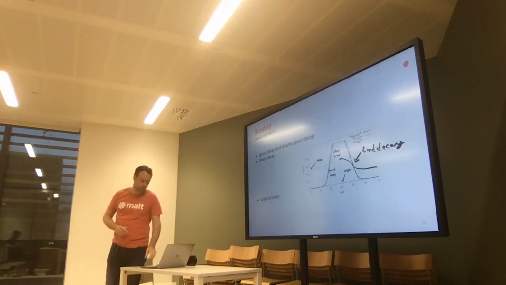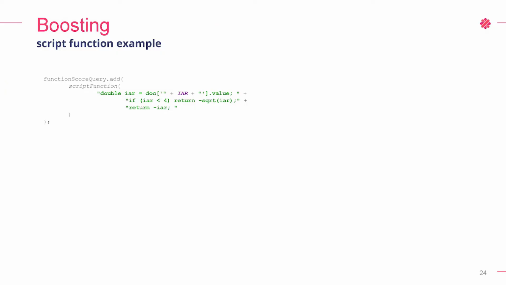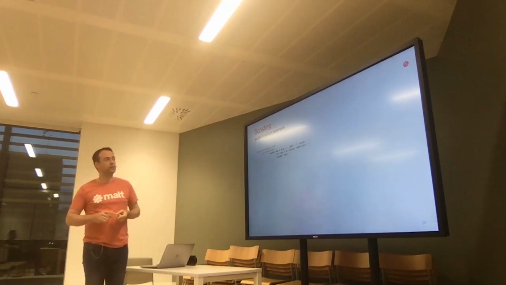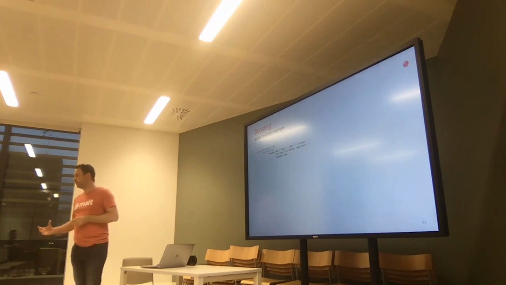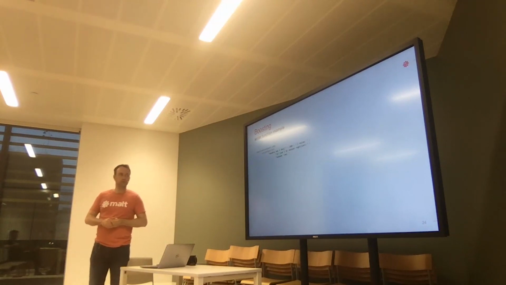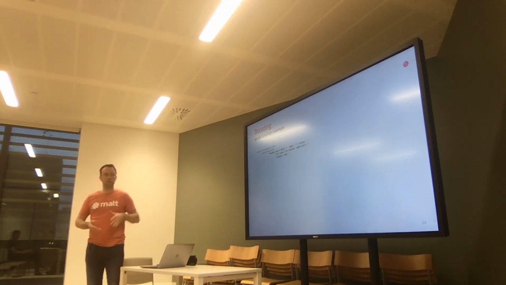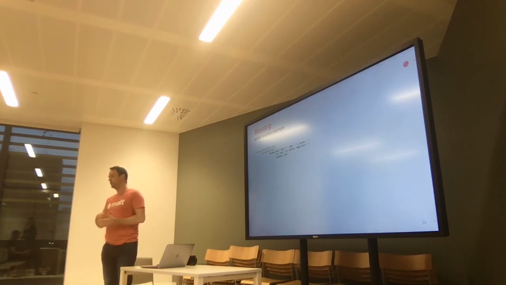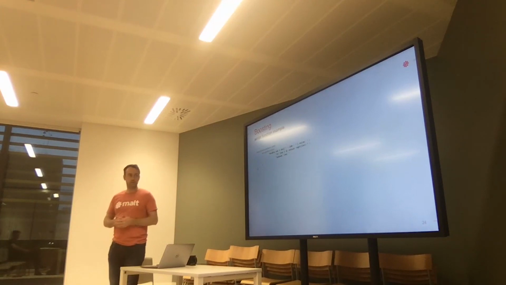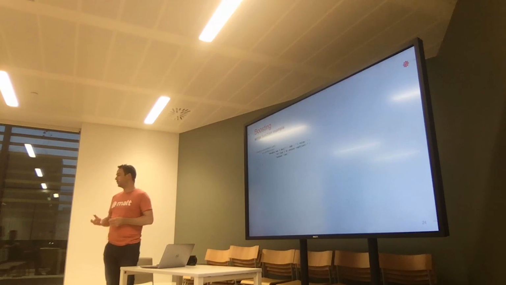We also use the script function. With the script function, you can tell Elasticsearch, I want to have a score which is related to one value in my document. This value has to be lower than something. If it is not lower than something, we apply not a bonus but a malus.